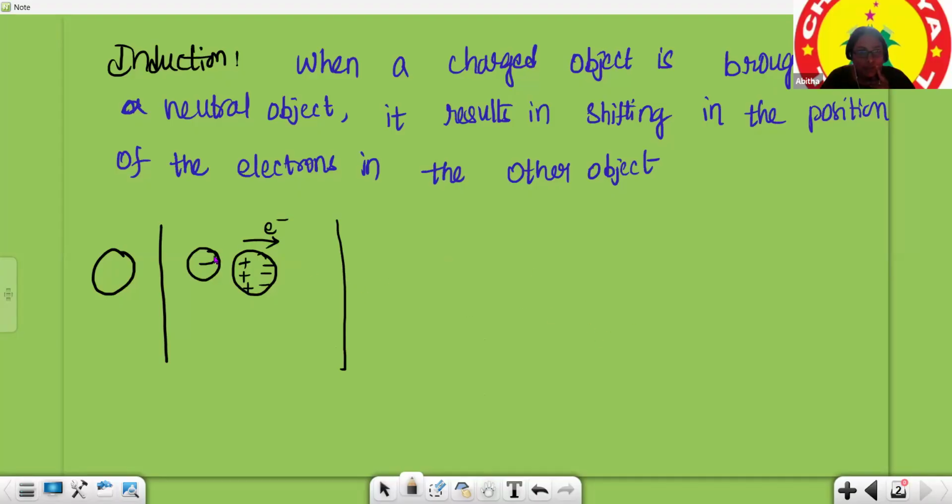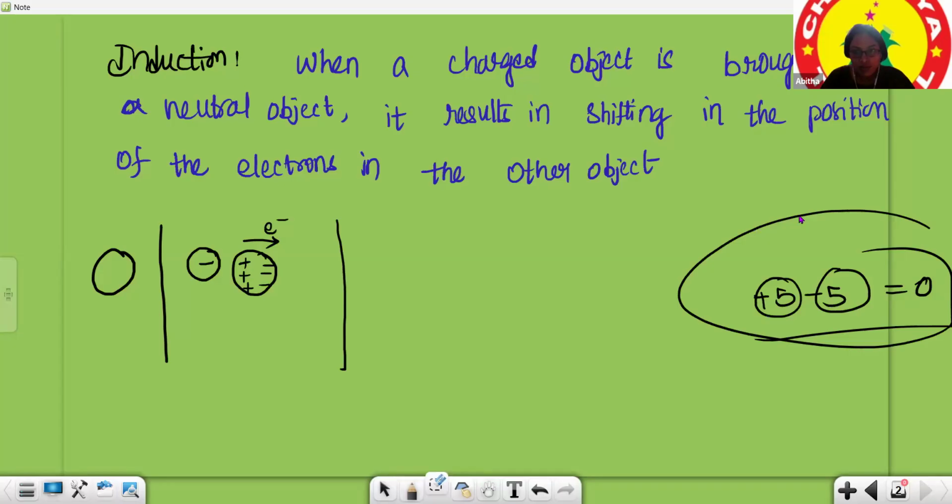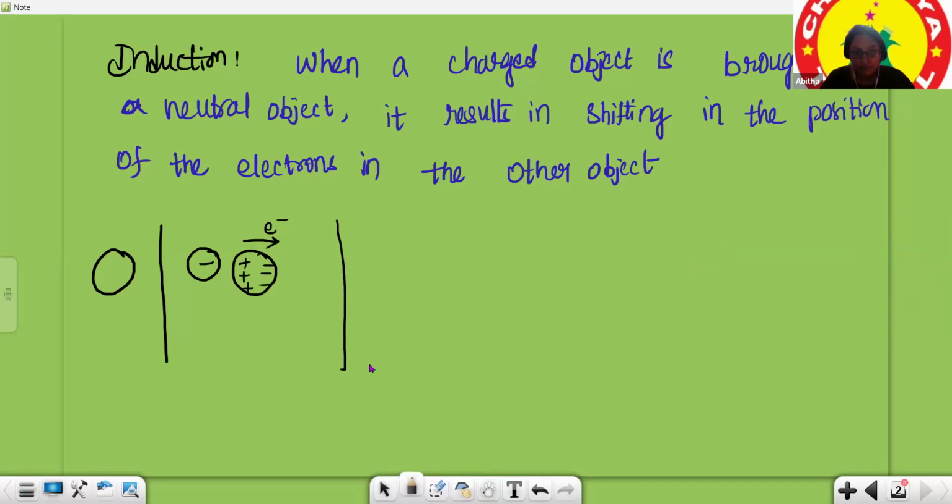See here, you are taking a charged object to the neutral object. What does neutral mean, students? Neutral doesn't mean it has no charges. It has. It is neutral when the number of positive charges equals the number of negative charges, like +5 and -5, so its net charge is 0 and it doesn't show any charge. I'm considering it has 3 positive charges and 3 negative charges, a neutral one.